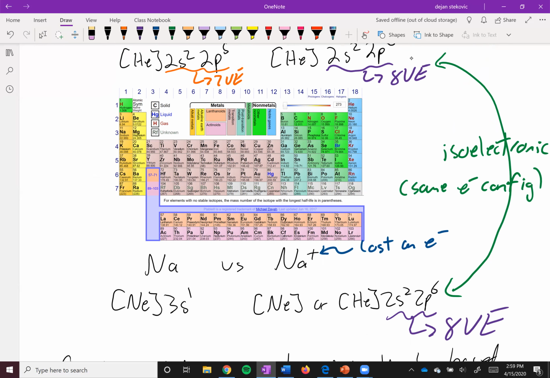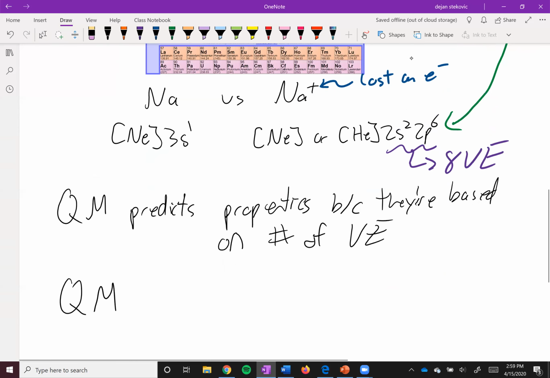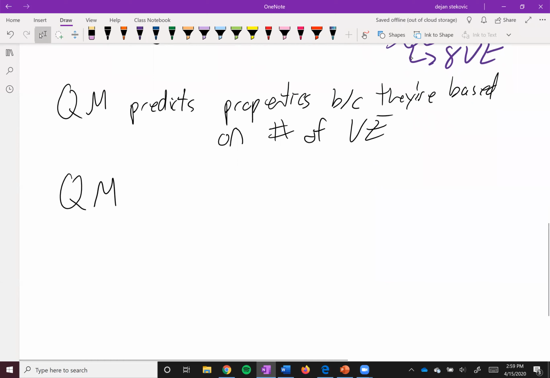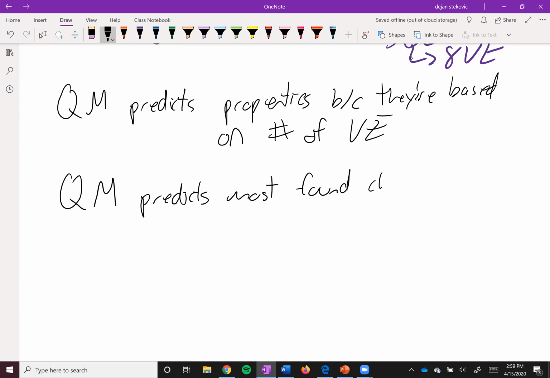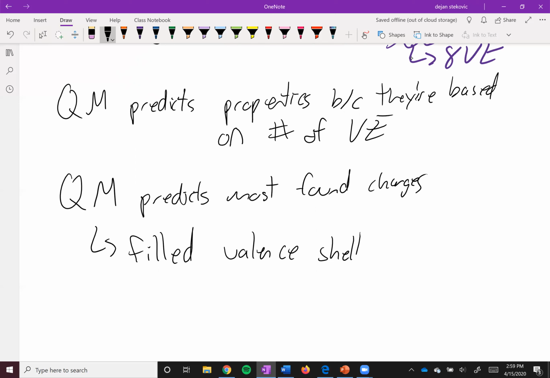The main point here is, first off, let's write: quantum mechanics predicts most of the found charges. Quantum mechanics predicts sodium is going to be a +1, and that's true. This is because of this statement right here: filled valence shells are energetically favorable.